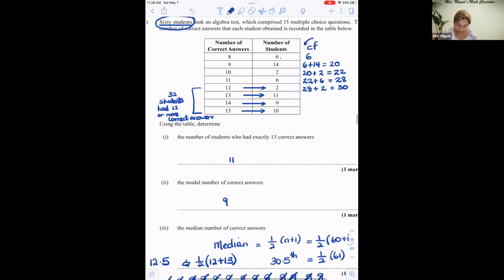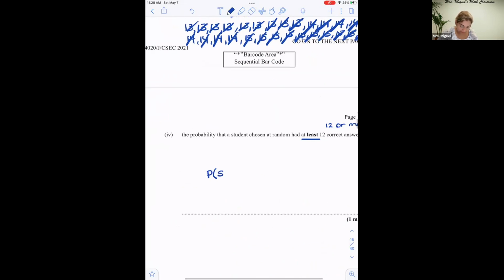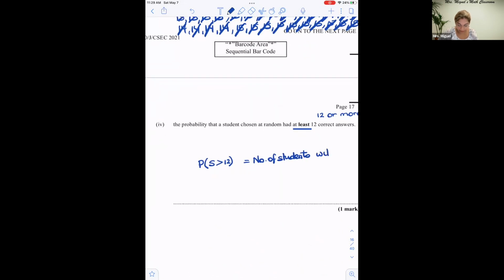60. So the probability that a student has 12 or more is the number of students with 12 or more correct answers over the total number.